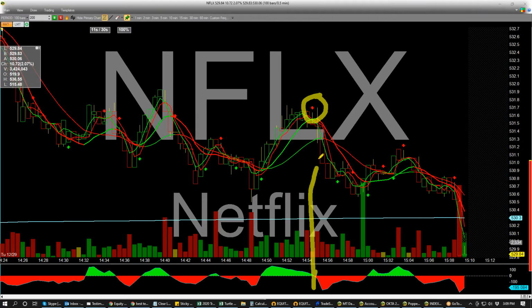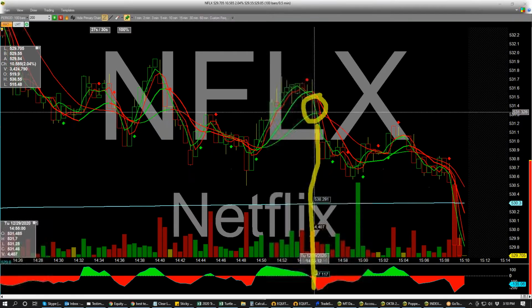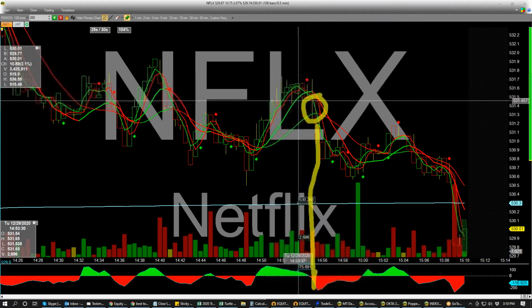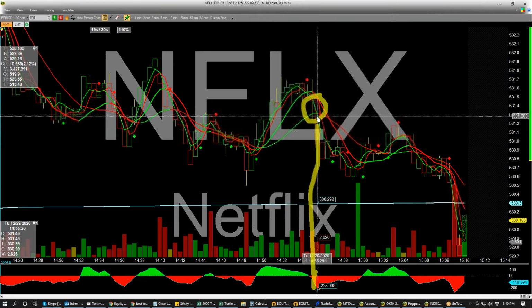So you can see they almost line up. And then the smaller HMA, its price is going to move under the 8 first. I think that's the 8 under there. Yeah. Price is going to move underneath the 8 first, and then it's going to fall underneath.